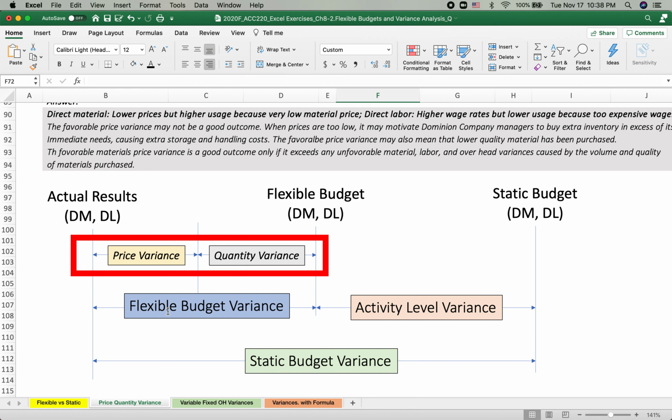And then the total cost variance in terms of direct material or direct labor is just the combination of the price variance and the quantity variance.